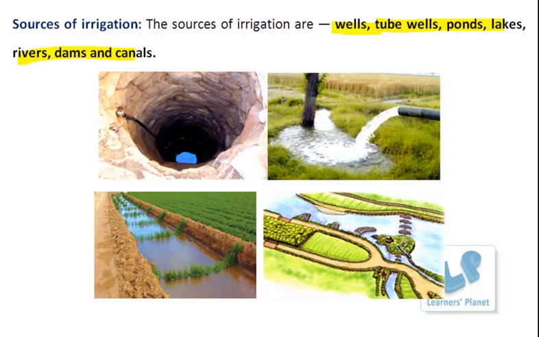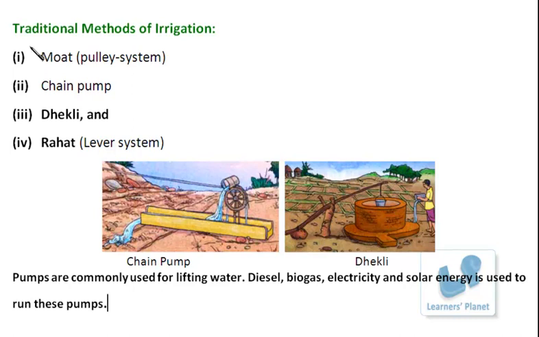I will just mention some of the traditional and modern methods. Some of the traditional methods of irrigation are the moat, that is known as the pulley system, or chain pumps, dhekli and rahat. There are others also. Now you can see these two pictures, how it is actually managed.